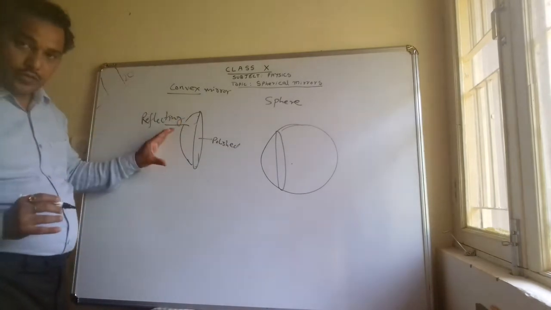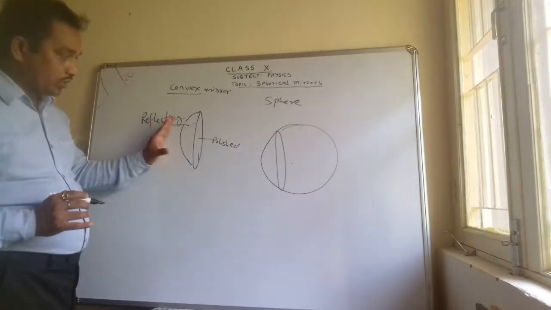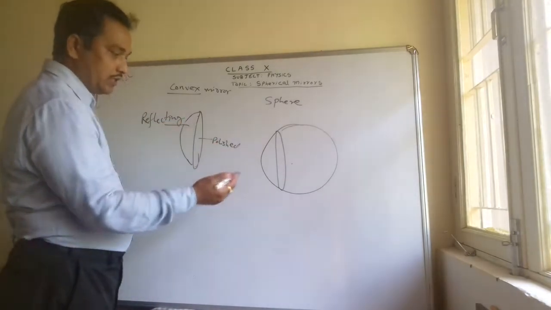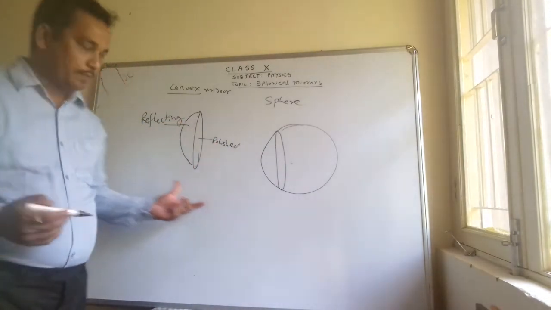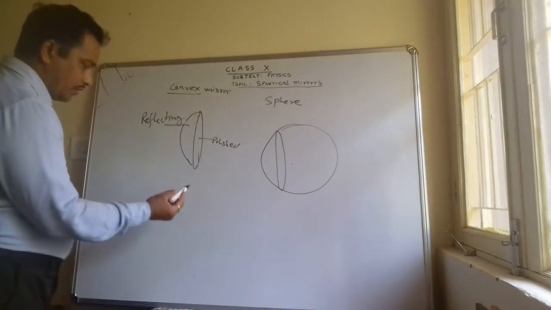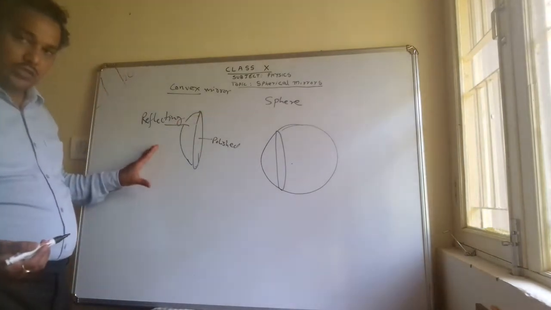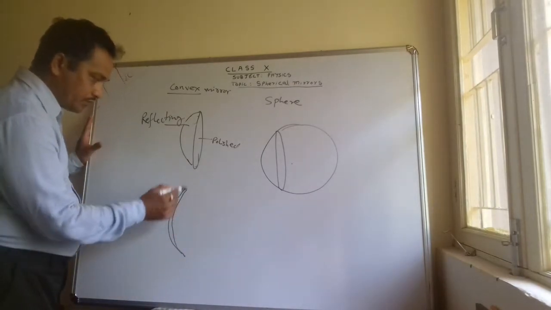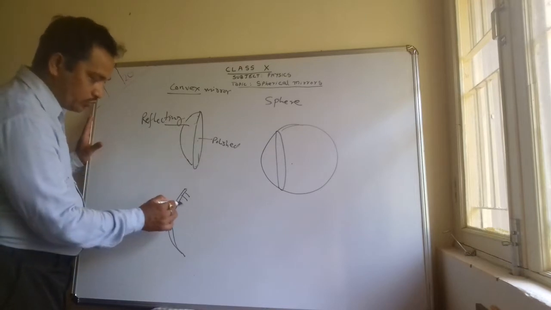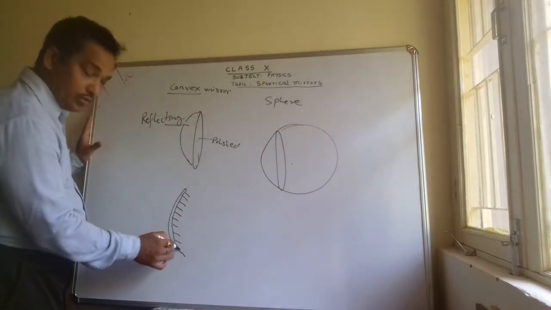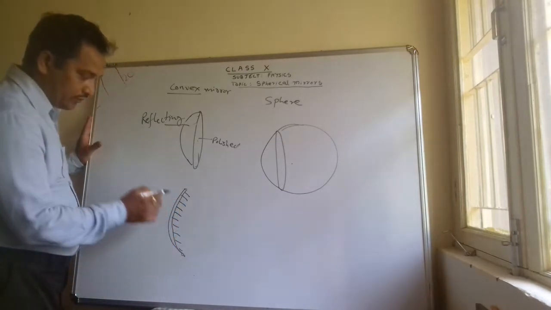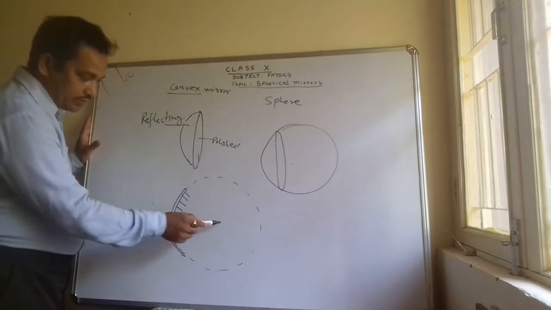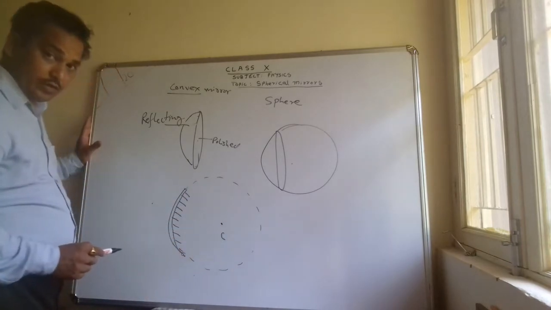So the light is falling over the mirror from the outer part, and it is being reflected. Similarly, as we have seen with the concave mirror, here also you can see the imaginary circle which is formed, and we will draw this in the notebook like this, in which the inner part is polished. So the polished surface is shown by the shades. Like this you can draw the shades. So this is the polished surface, this is the reflecting surface, and the imaginary circle is formed here, and here this will be the center of the curvature, correct?